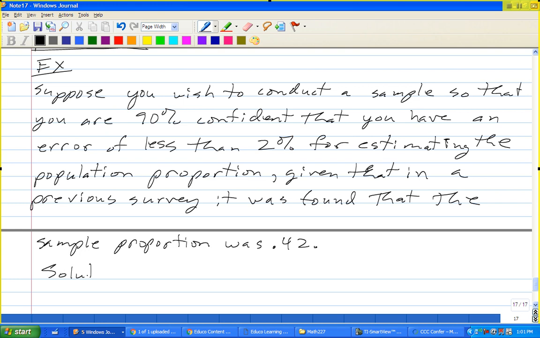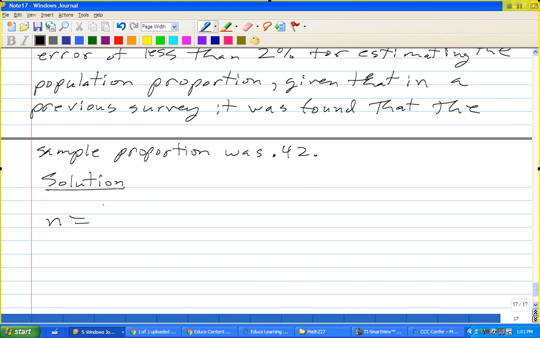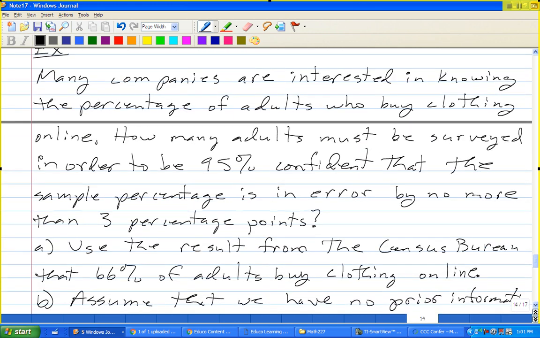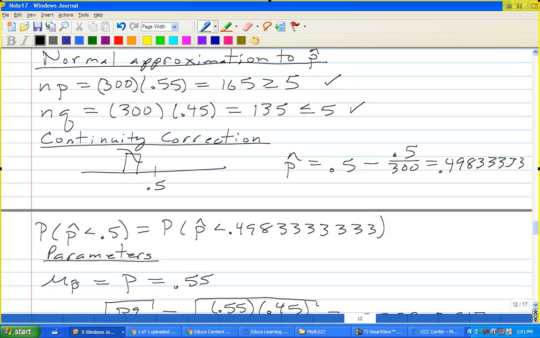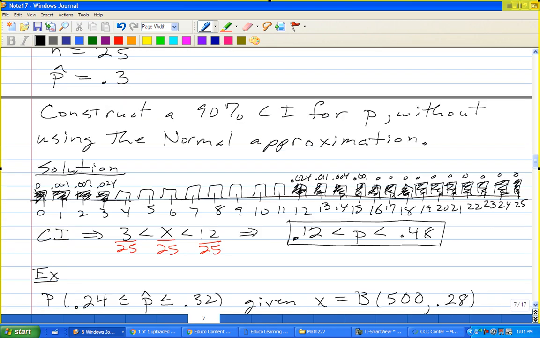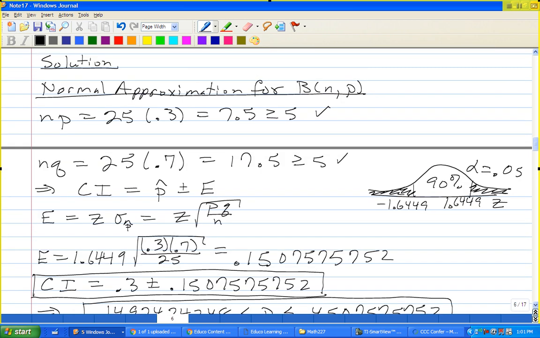Okay, so let's do this. So n is equal to z squared pq over e squared. This is a 90% confidence interval, which we found for 90%, 1.645. Well, 1.6449.